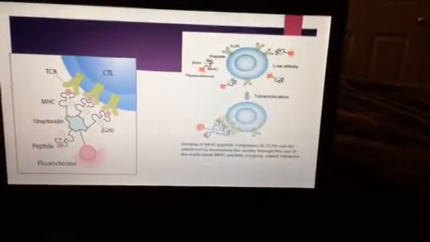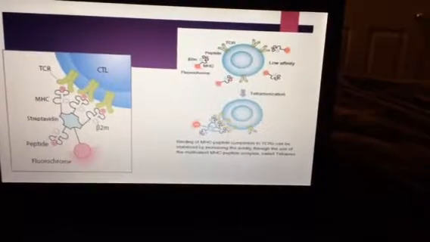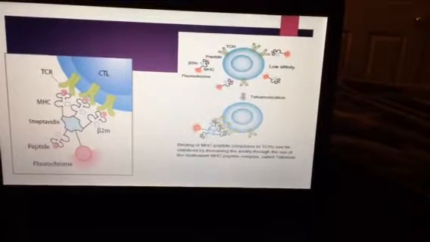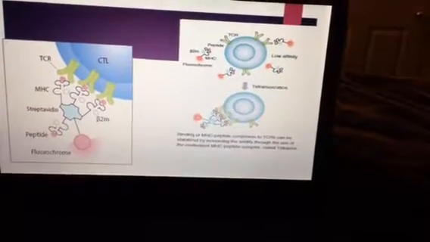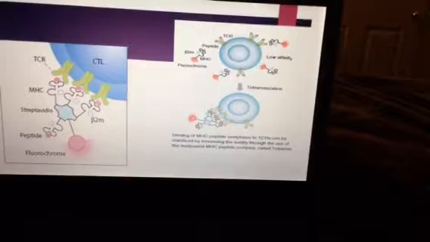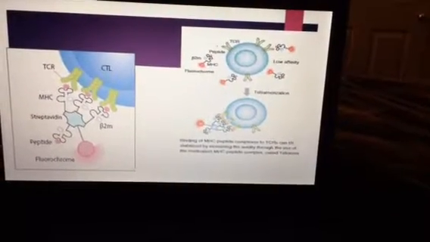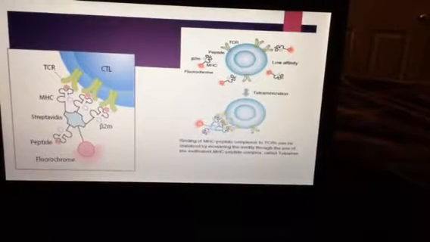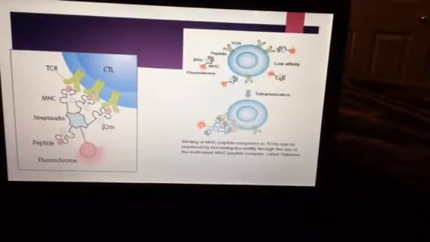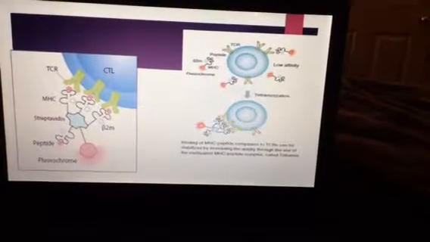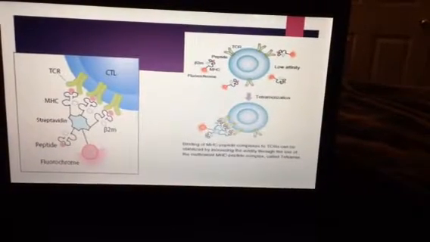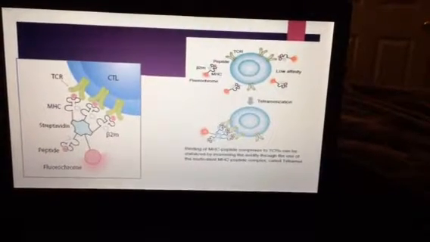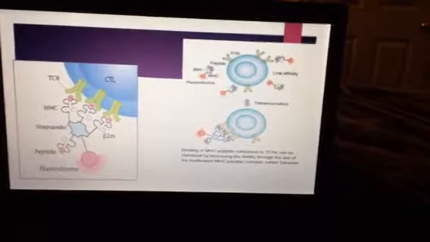MHC class 1 tetramers were generated first. I guess of course you could think class 1 first. And a given MHC class 1 tetramer peptide complex will bind only those CD8 T cells with TCRs specific for that particular peptide MHC complex.